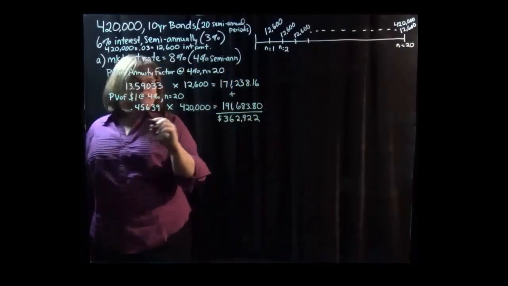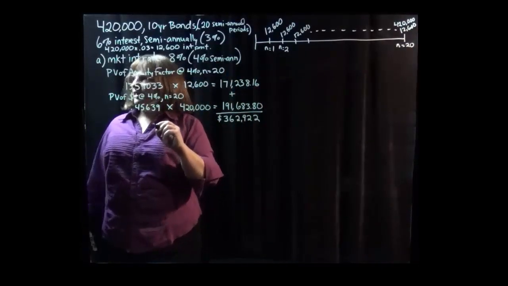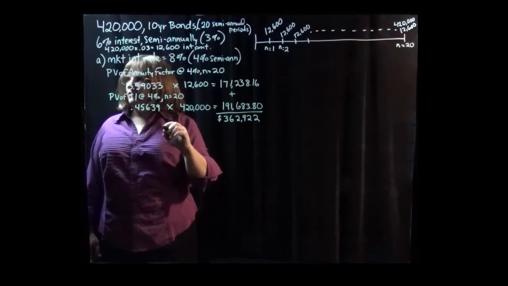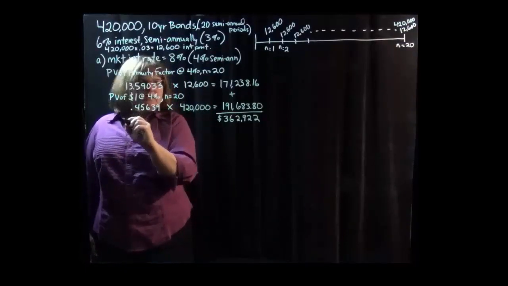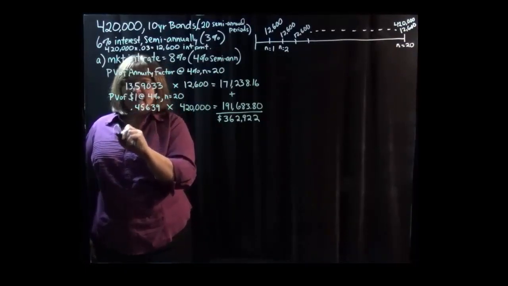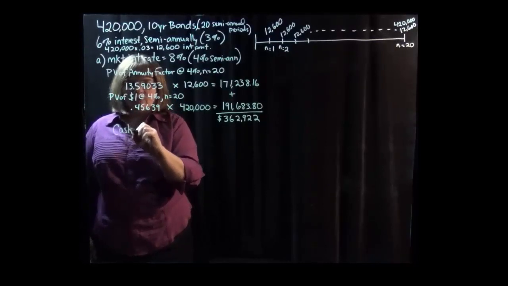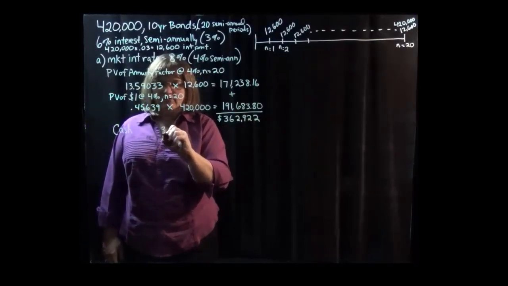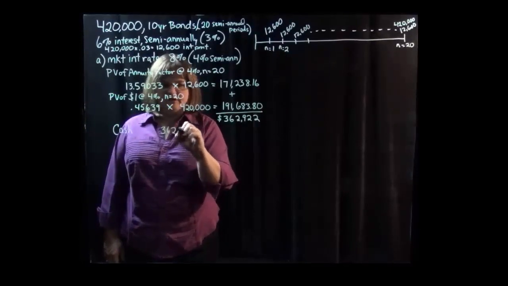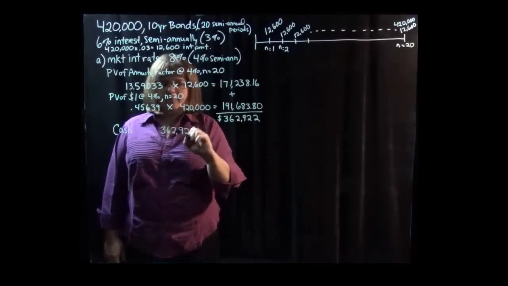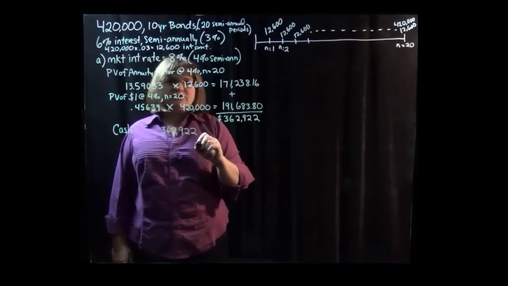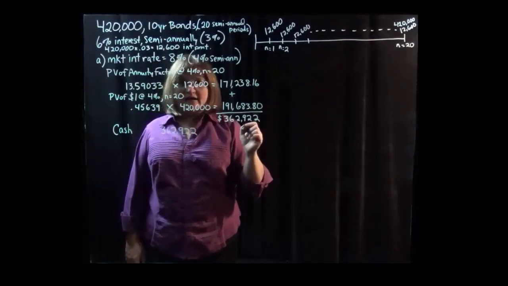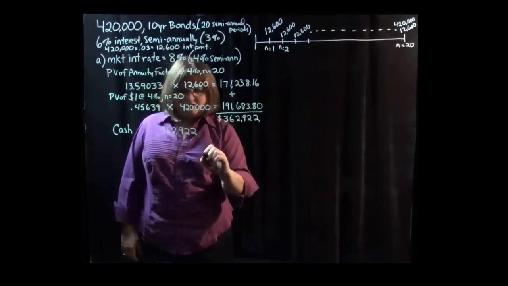The journal entry we would make, which is what the question asks for then, along with the bond price, we're going to receive cash equal to the price of the bond. So we will debit cash for $362,922. However, when the bond comes due, we are going to have to pay back the $420,000.